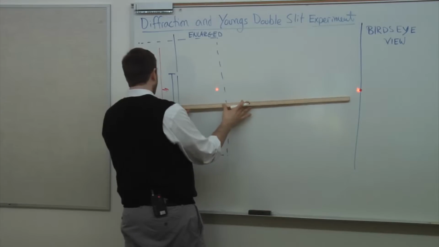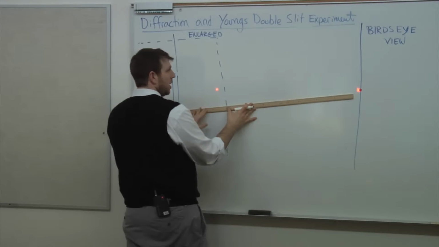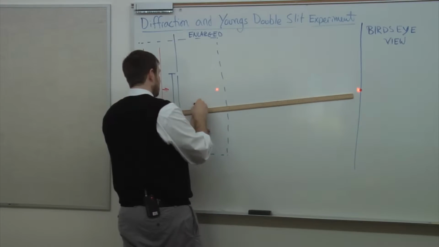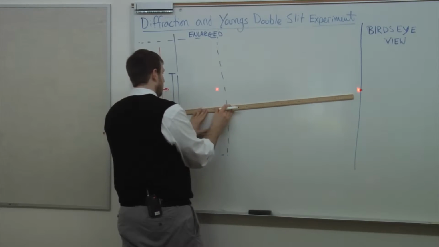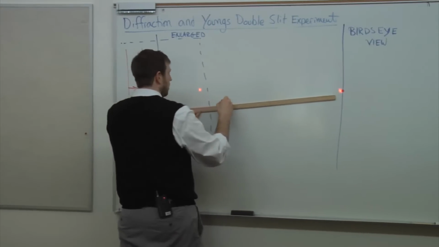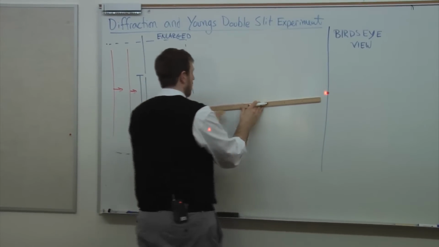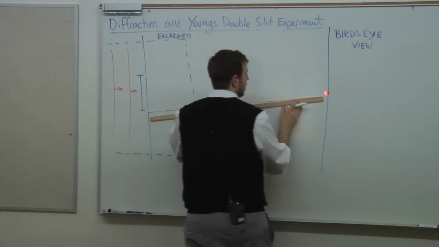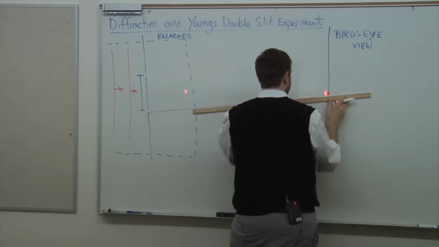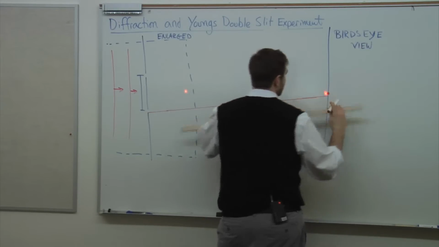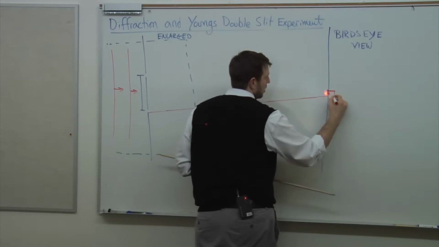So let's draw a line for one ray at one slit, and then another ray from the exact same position. So we get one spot, we'll call this the brightest spot.